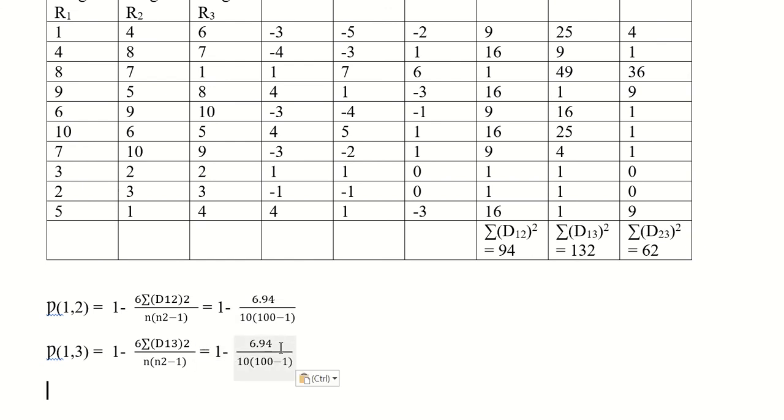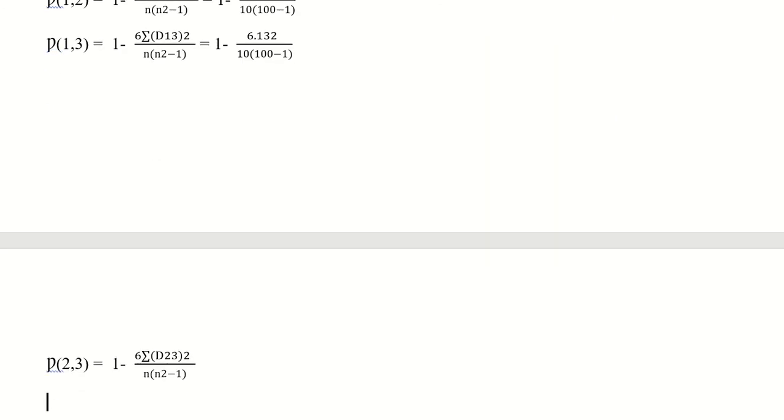So 6 into 132, and the denominator would remain same. And then 6 into 62, and the denominator would remain same.